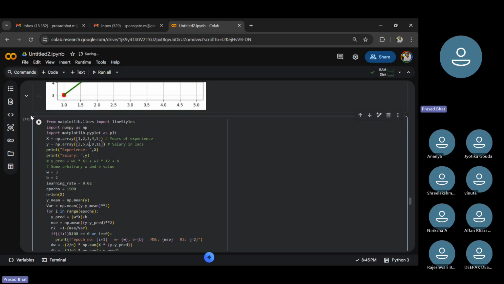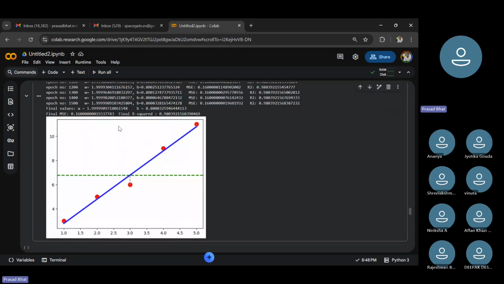Then run this. See, with this kind of problem, you are never going to get an R squared of 1, because even after 1500 epochs, it is trying to match up with the remaining ones, but this one value is creating the error. Because of this one, it is trying to move closer towards this point also, just to minimize the error.